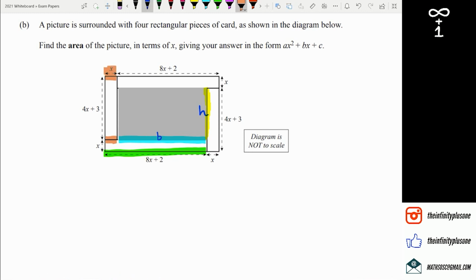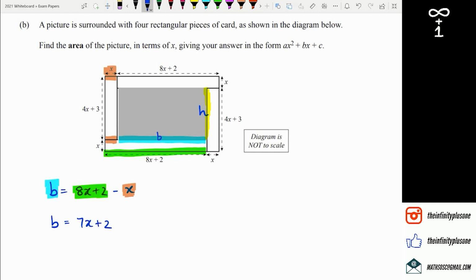So we can say that b, the blue part, is going to be the green part, 8x plus 2, minus x, which is the orange part. So just to reiterate, there's your orange part right there, and the green part is 8x plus 2, which of course gives you the blue part. So in other words, b is equal to 7x plus 2.